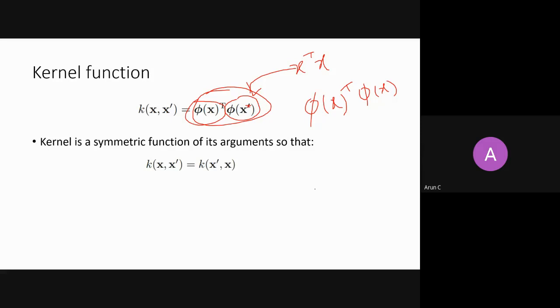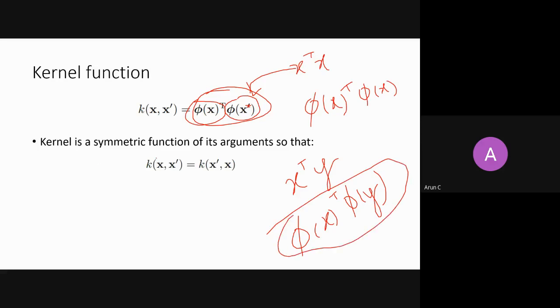Sometimes you take the dot product with respect to the other samples also, X transpose Y. In the original space or in projected space, it is phi X transpose projected with phi Y projected, right? So you are doing this in some projected space.